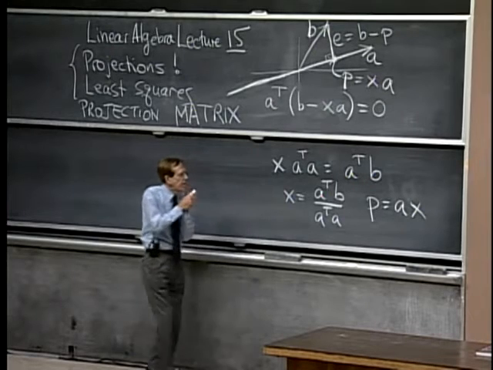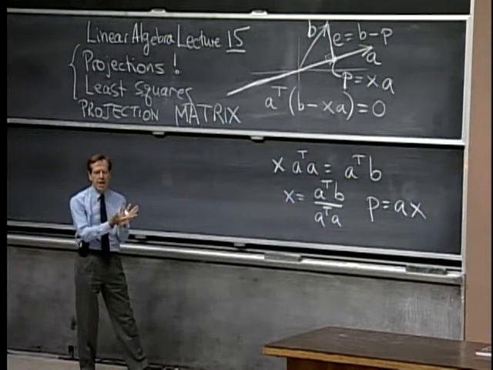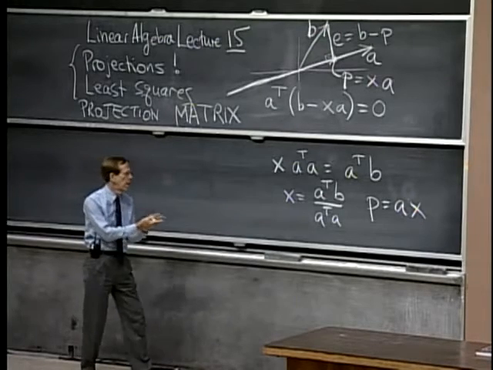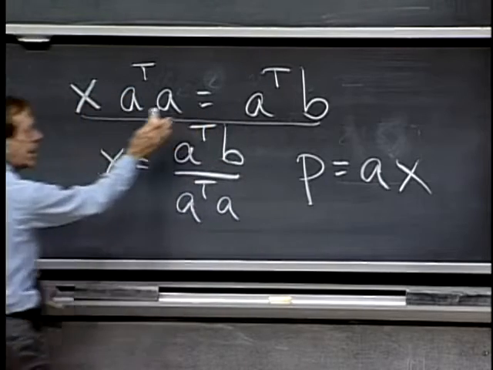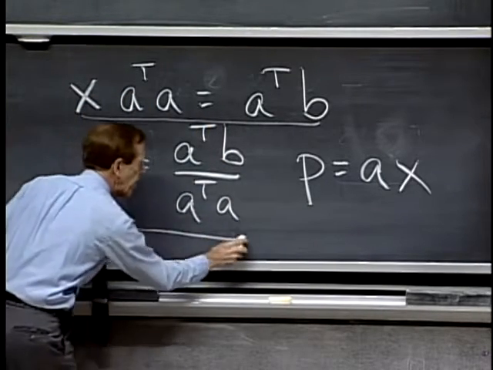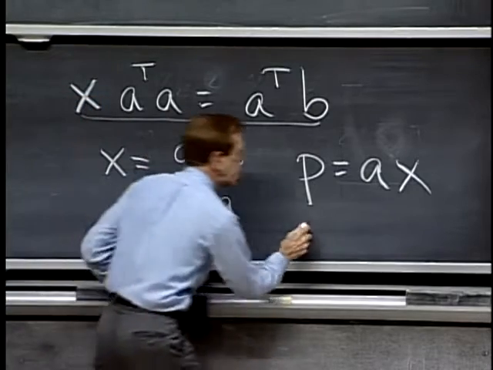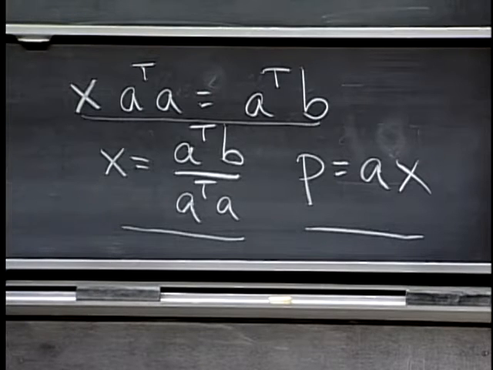So you see that I've got two of the three formulas already right here. I've got the equation, that's the equation that leads me to the answer. Here's the answer for x, and here's the projection. Okay, can I add just one more thing to this one-dimensional problem?